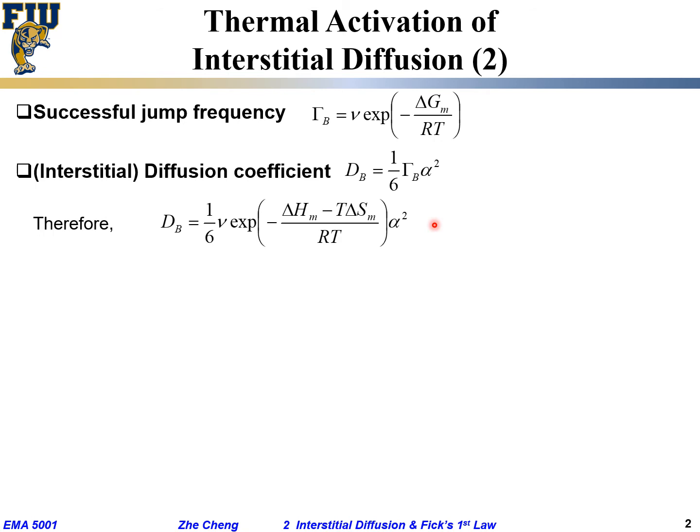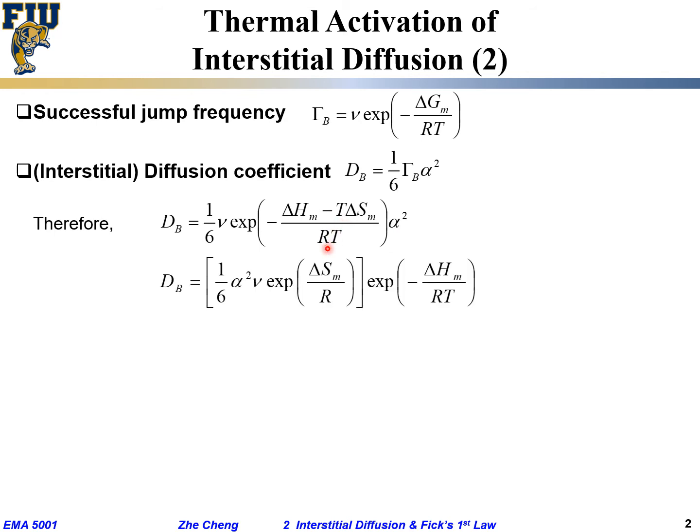Okay? This is now our diffusion coefficient, 1/6 gamma alpha square. Alpha square is this one. This is the gamma term. And this term, because the numerator still has t, some of the t can be cancelled out. So we rearrange. Do you see that? 1/6 we keep. Alpha square we keep.